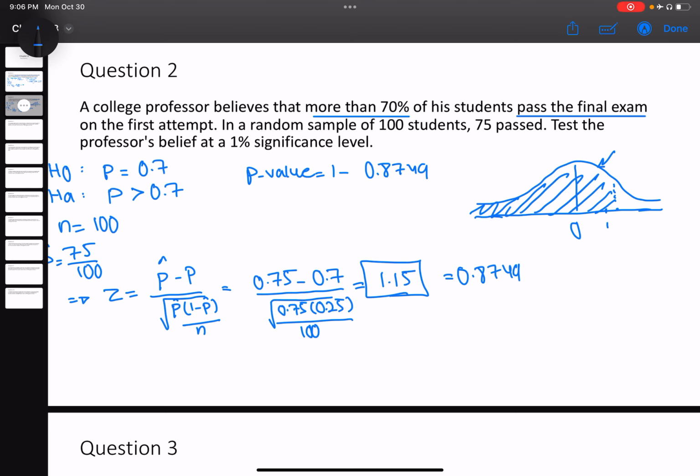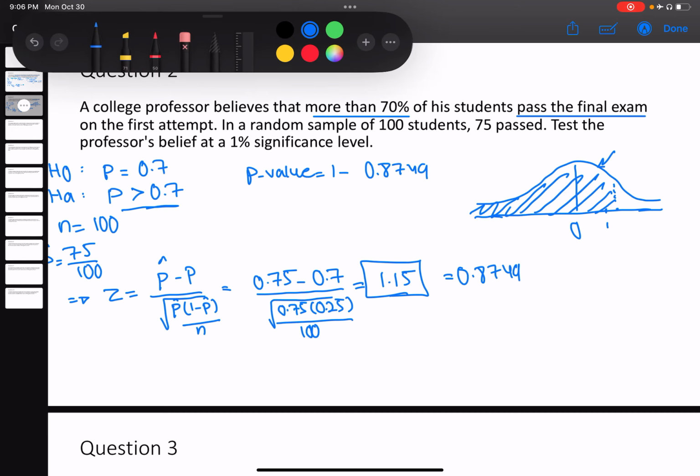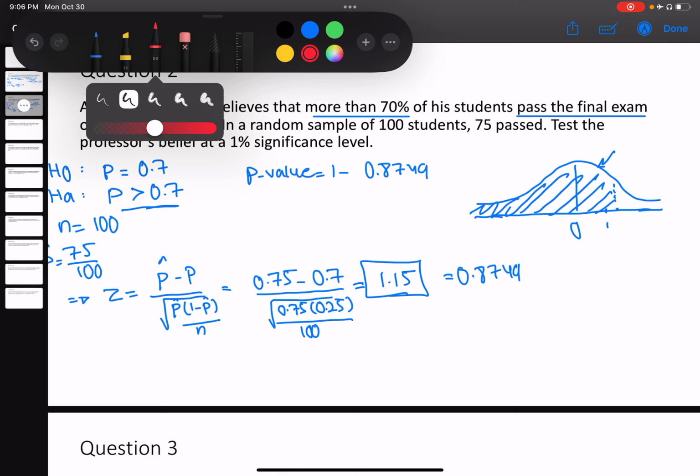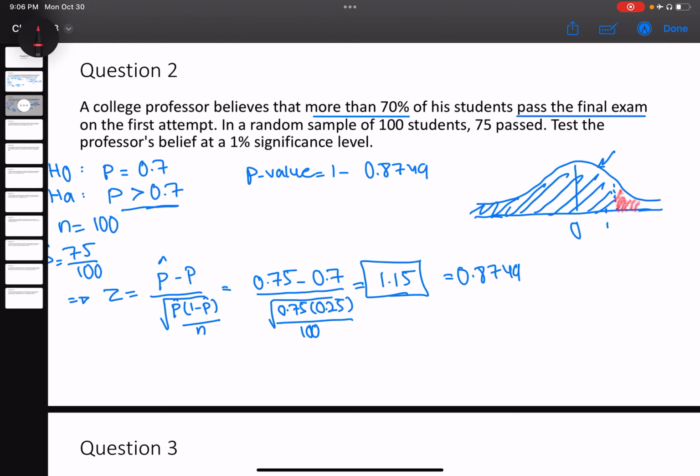For the proportion to be bigger than the value, we expect the proportion to fall within this area of the curve.